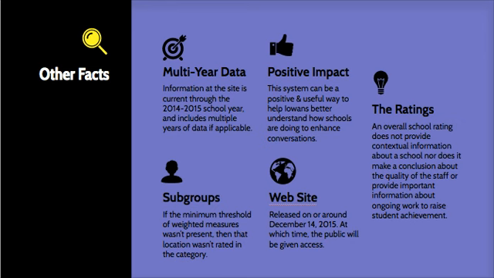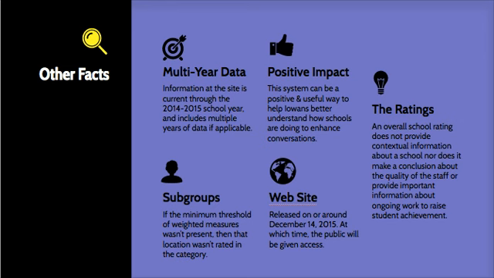Some other facts to consider. In order to build a stable rating system, it was determined that using multiple years of data would likely result in less fluctuation than using data from a single year. For all measures, the most recent 2 years available for each measure was used in the calculations. The years available is dependent on the measure, based on when the data became available, but note that multiple years have been used whenever possible.